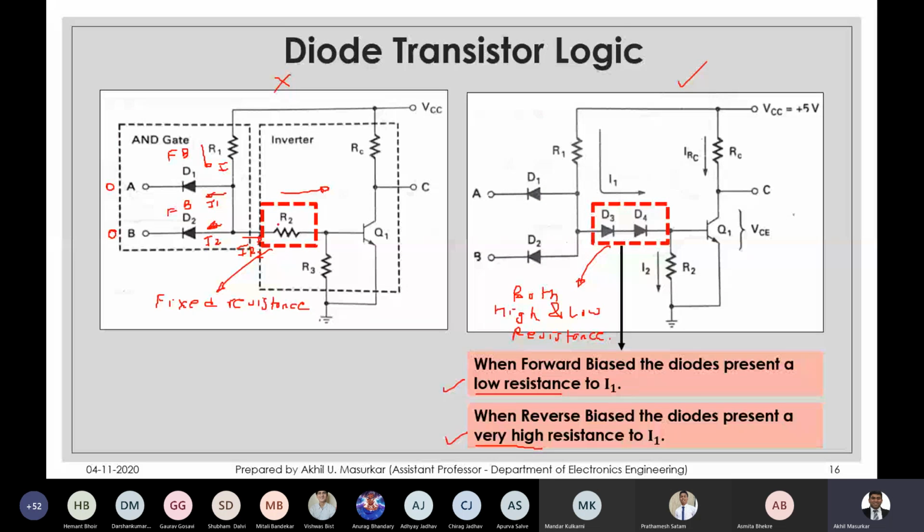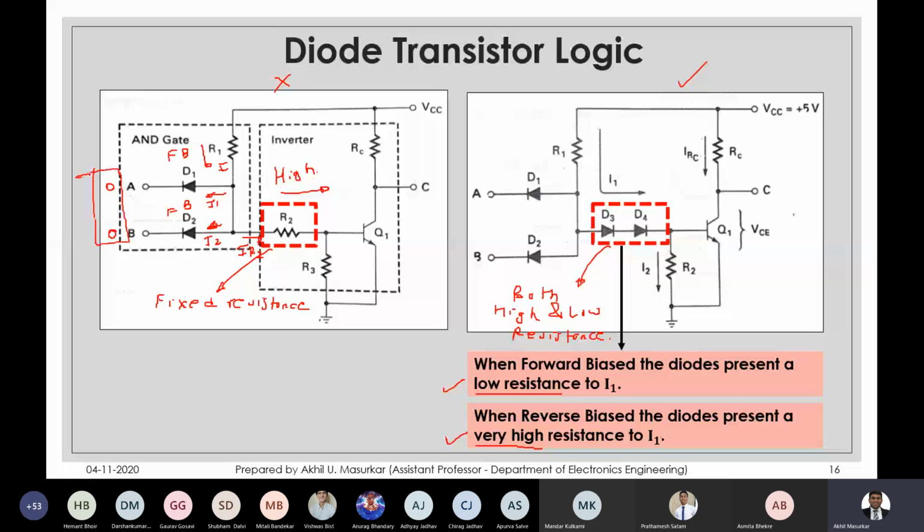Now what the designer says is that you are not interested in how much current is flowing to the base. You want all the current to flow through the diodes only. For that purpose, this R2 should be high when I am giving 0, 0.